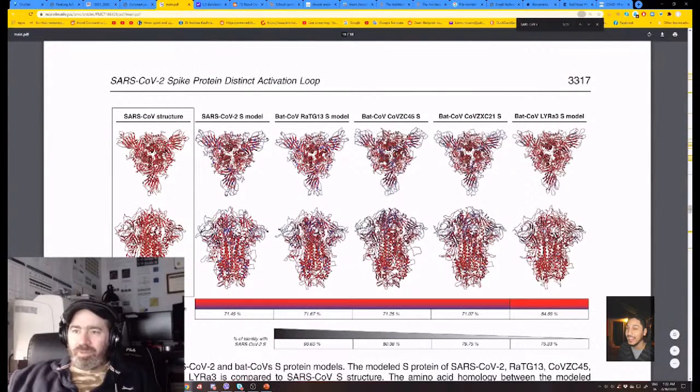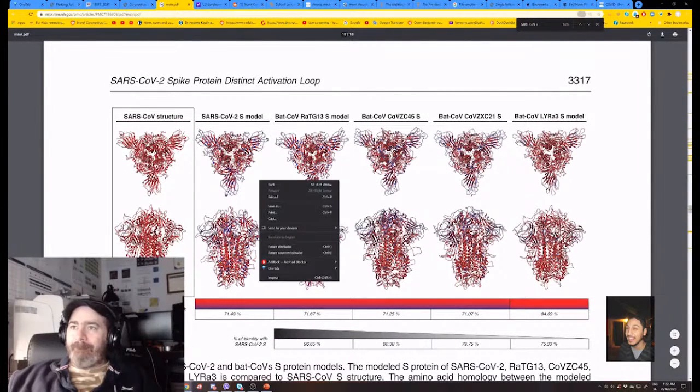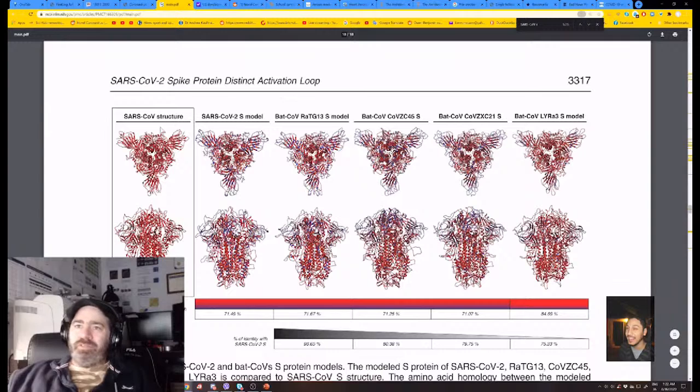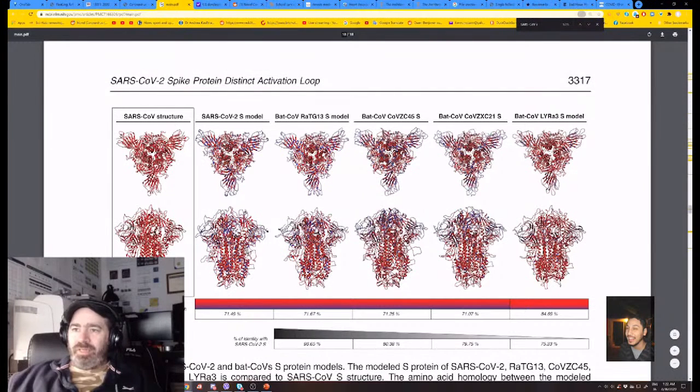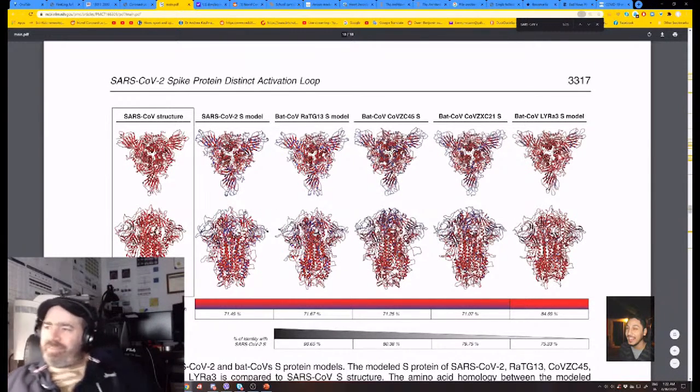Well, let's show their figures off, but I'm not really sure what you're going to get from that SARS-CoV structure. The SARS-CoV-2 S model: you're looking down on the top side, and we know that the PRRA juts out at an angle, orthogonal to the top receptor binding domain.